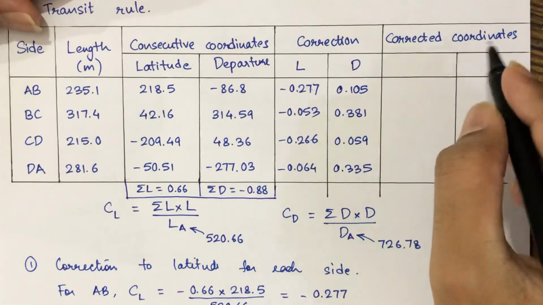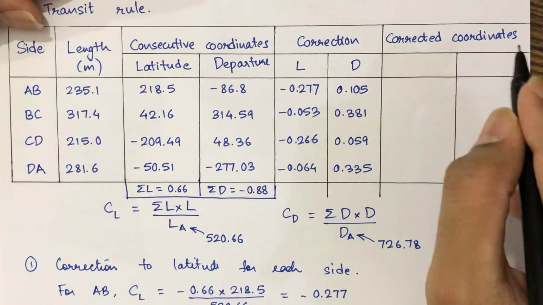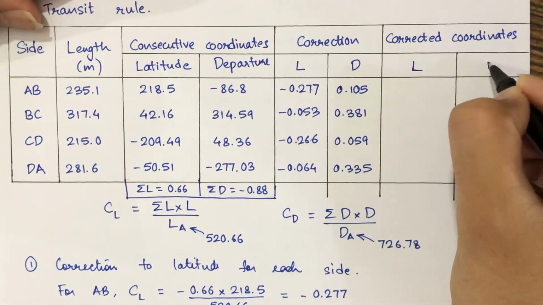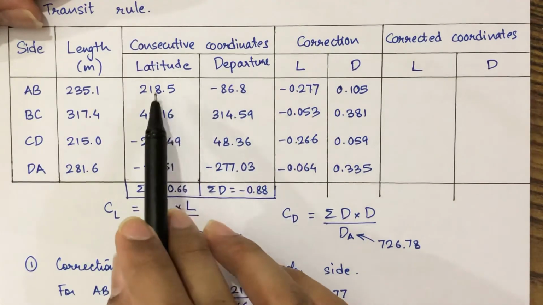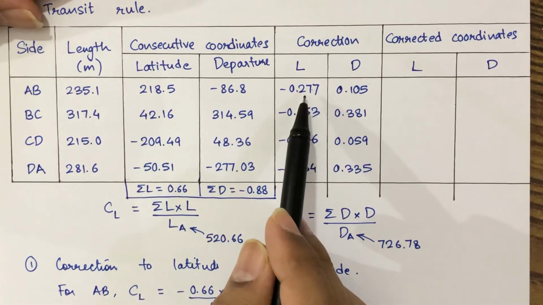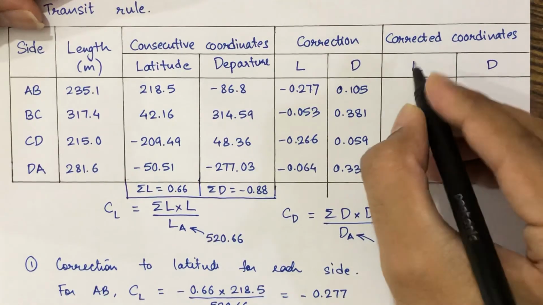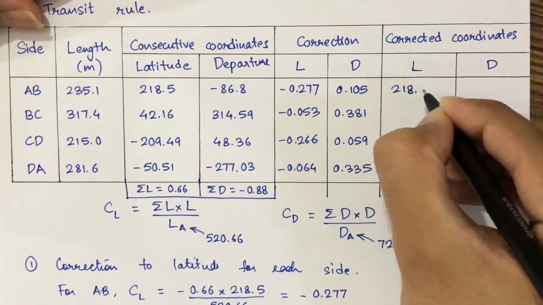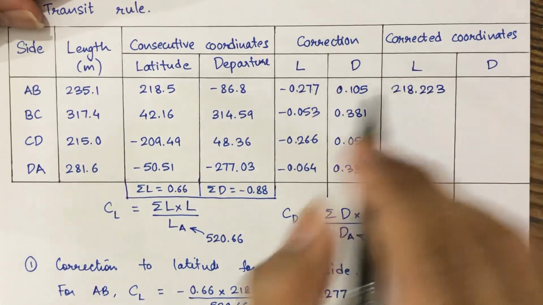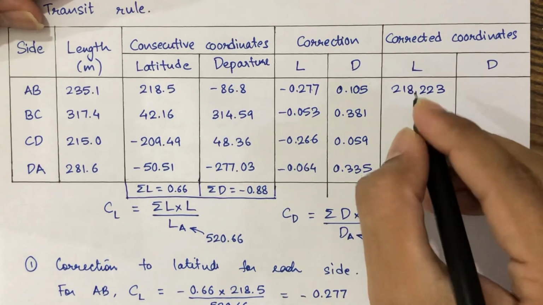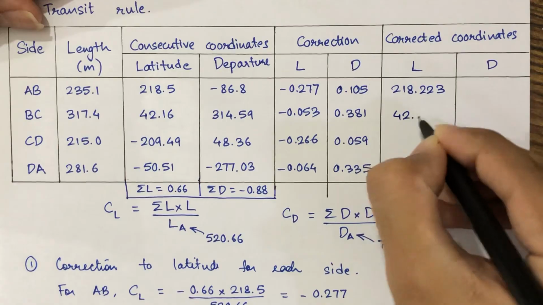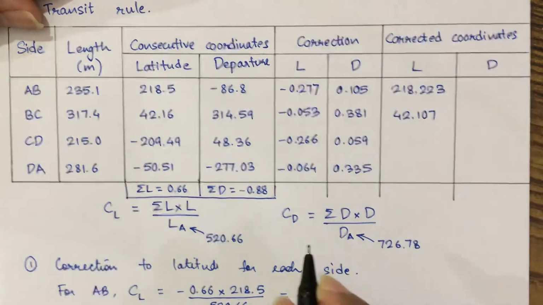Next, we have to calculate the corrected coordinates for latitude and departure. You just have to add these values: 218.5 minus 0.277 comes out to 218.223. Then 42.16 minus 0.053 is 42.107.